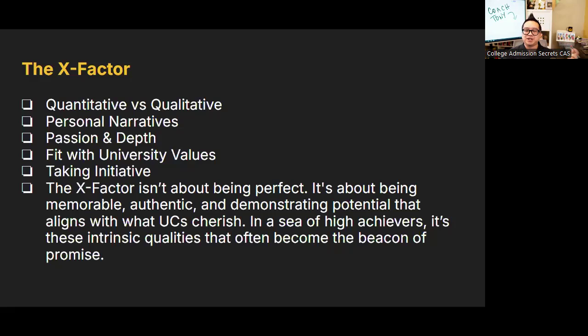So taking initiative is one of those traits that helps a school know, hey, if you started a new club, if you did your own, let's say, independent research, or you started a community project, right? It's going to showcase a student's drive, a student's leadership, a student's proactive mindset. Don't you want that if you were a university, wouldn't you want a student who has that? Because then most likely they'll probably do more of that when they get to college, and vice versa. They'll be doing more and more and more, right?